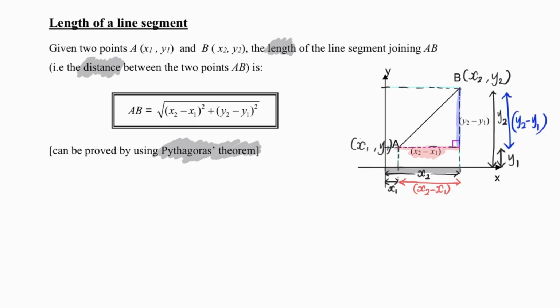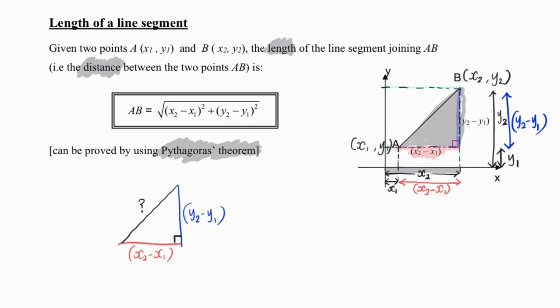Now that I've got the lengths, I am going to just replicate this triangle and draw it here. You can then see that given this right angle triangle, I have y2 minus y1 here and x2 minus x1 here. And how do I find this length?